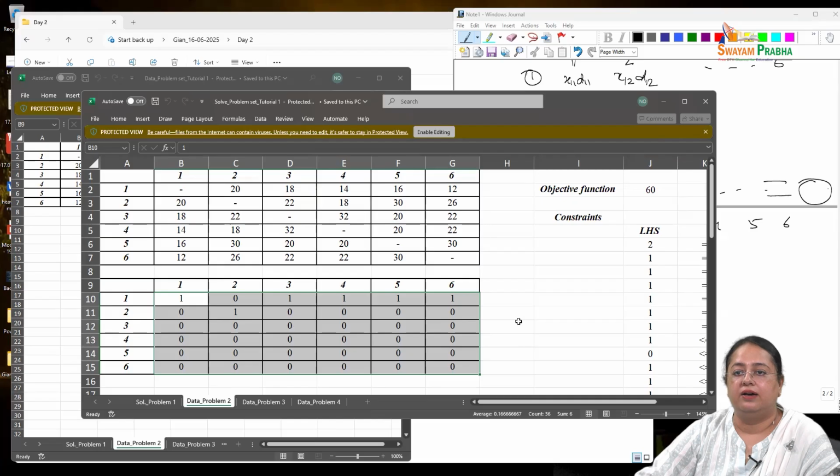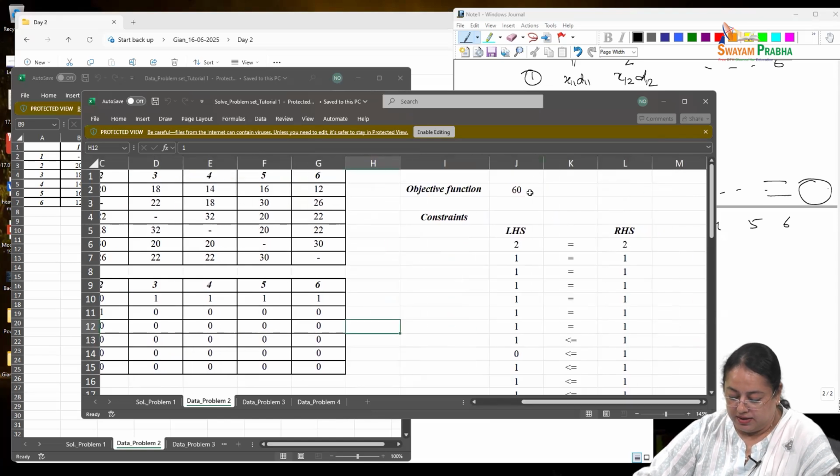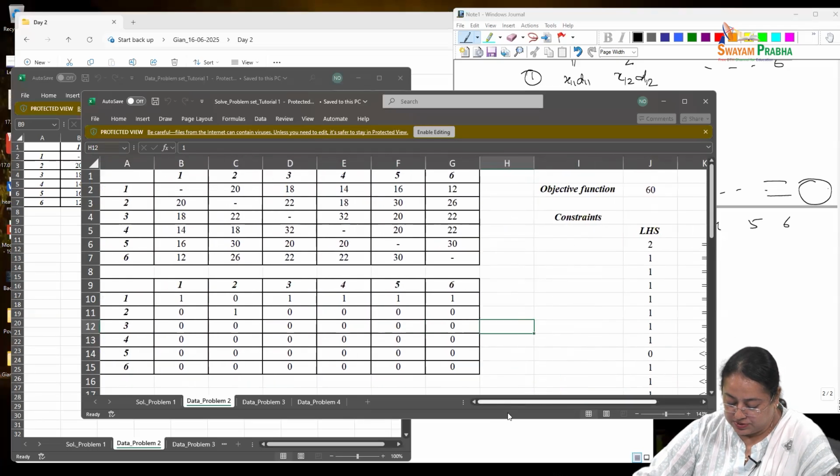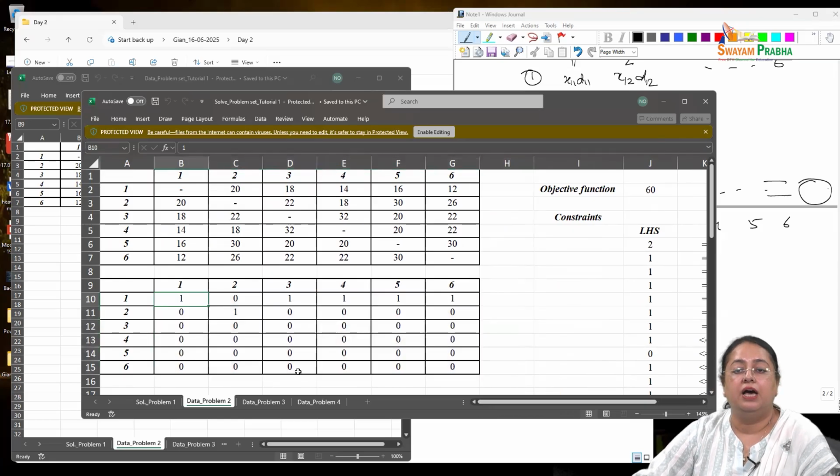Right now we have prepared this in Excel. So this Excel will give us the solution. What do I mean by solution? This Excel will tell us whether 1 should come here or 0 should come. These are our Xijs. Now what we have to do is first define the objective function. Don't write anything here.